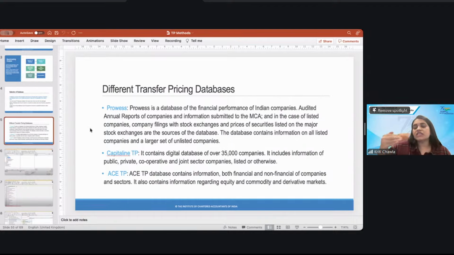And then they have to justify which method of transfer pricing they have used to justify this particular transaction and how they have justified the entire transaction, which database they actually used, etc. This is the entire documentation that is actually prepared by the taxpayer from an Indian perspective. So yeah, it's basically the taxpayer who has to undertake all these things.